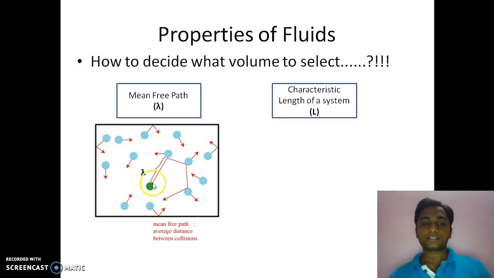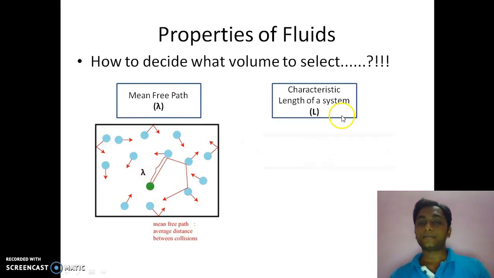This distance the molecule has traveled before encountering a collision with another molecule is known as the mean free path. This average distance between collisions of two molecules is denoted by lambda.